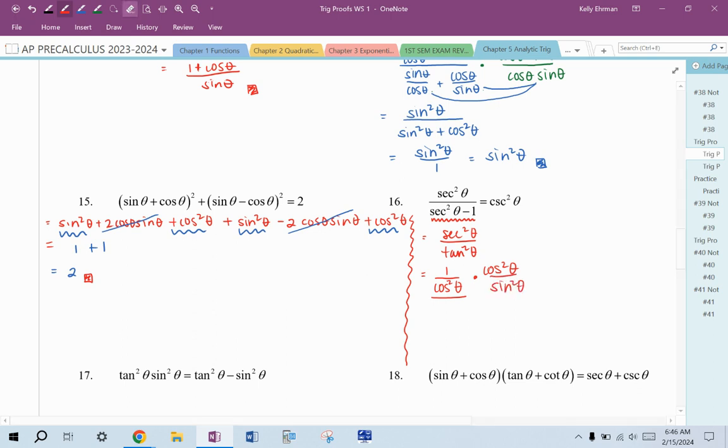So you can think of that two ways. You can write the divided by a fraction and then multiply by the reciprocal, or you could say divided by tangent squared is the same as times cotangent squared, and then you could write it like this. But either way, those cosine squareds cancel, and 1 over sine squared theta is cosecant squared theta.